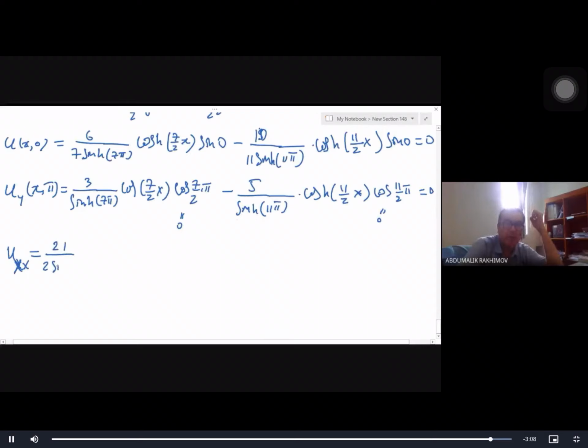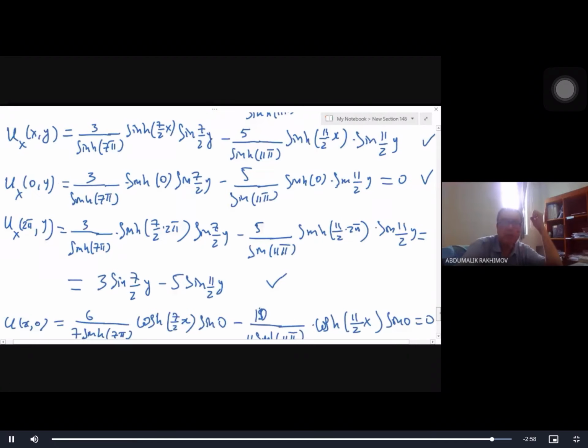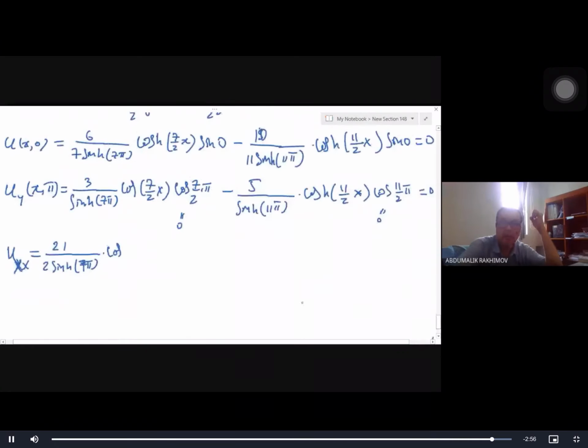So what we have here, 21/2 sine hyperbolic 7 pi, right? Times cosine hyperbolic, because the first derivative was sine. Again, let me check. Yes, now it's cosine hyperbolic 7/2 x. So this will be usual sine 7/2 y.